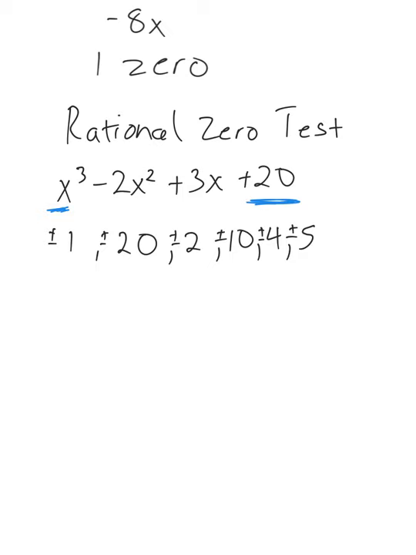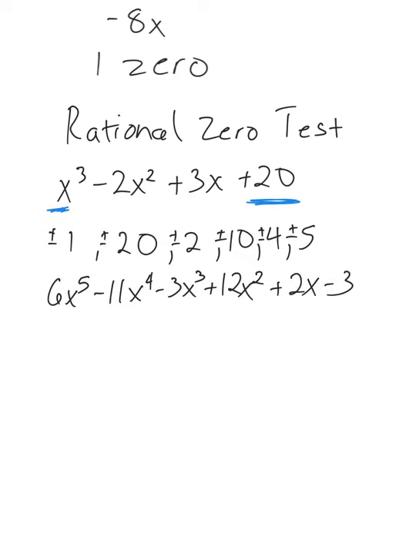But let's say we had a more complex function. Let's say we have 6x to the 5th minus 11x fourth minus 3x cubed plus 12x squared plus 2x minus 3. Once again, we first look to our constant and look at that first.